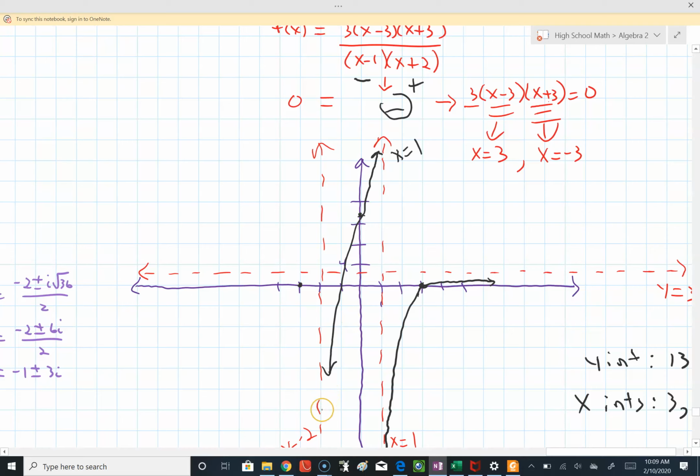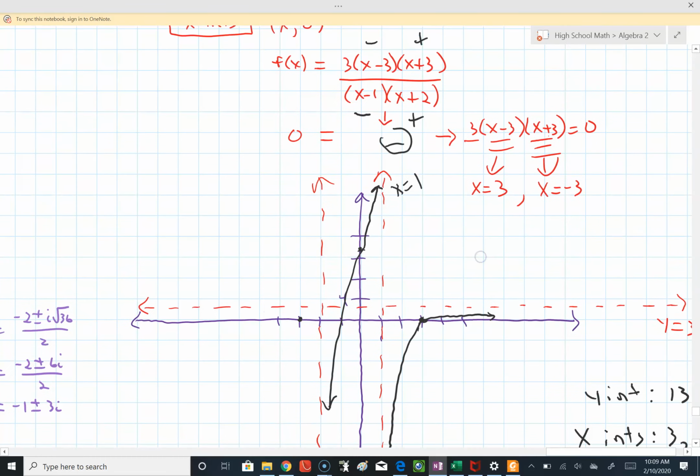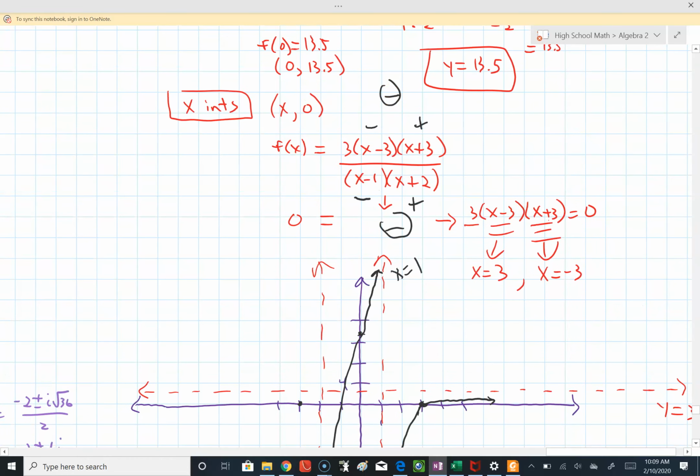I'm going to consider what's happening to the left here. I'm talking about numbers approaching -2, but slightly less than -2. Like -1 point whatever. Putting in -1.9, this would be negative. Putting in -1.9, this would be positive. Putting in -1.9, this would be positive. Putting in -1.9, this would be negative.